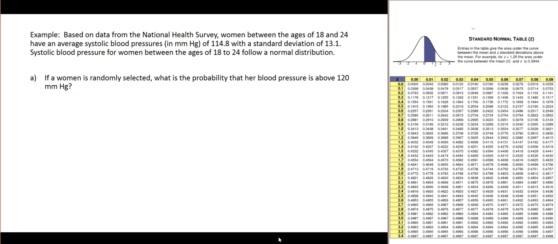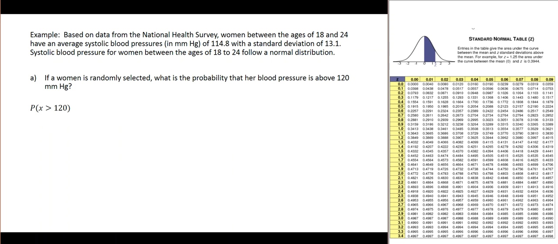Okay, so part A. If a woman is randomly selected, what is the probability that her blood pressure is above 120? So we're really looking at the probability that X, now notice I use X here because it says if a woman is randomly selected. So we don't have a sample size greater than 1, so we're just going to use X.